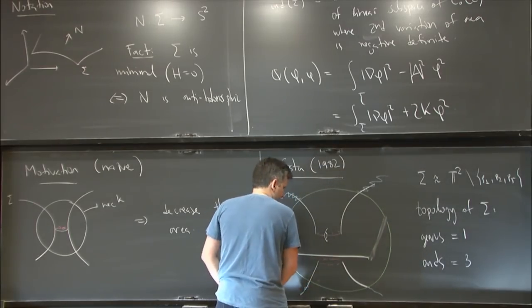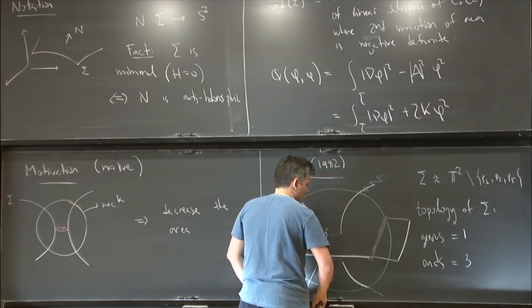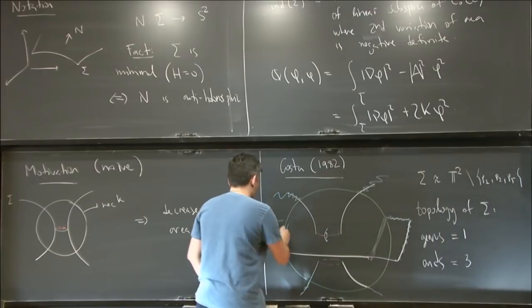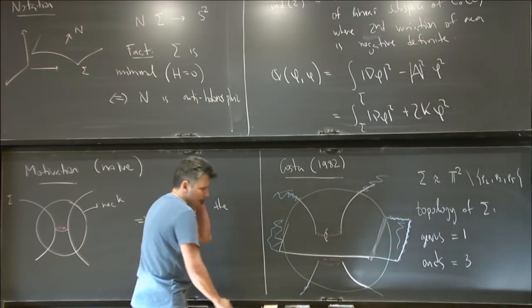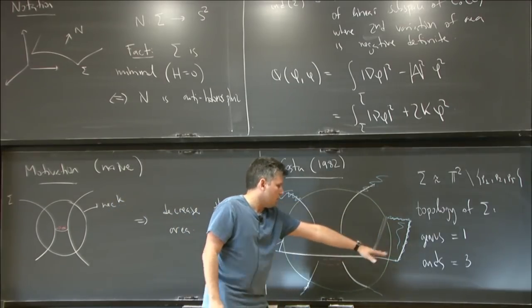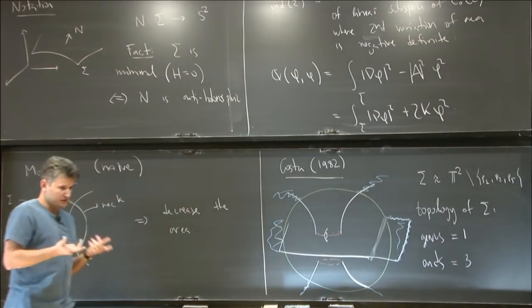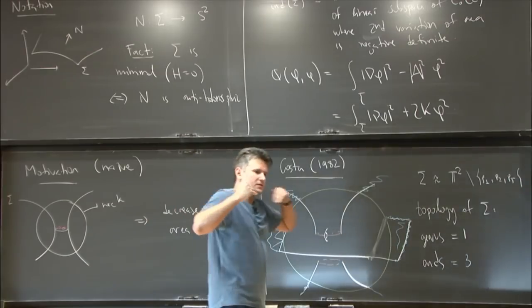Bear with me here a second. This part of the surface is pretty clear from the picture: it's graphical over the x1, x2 plane. Because it's graphical, when I look at the second variation, it's stable.